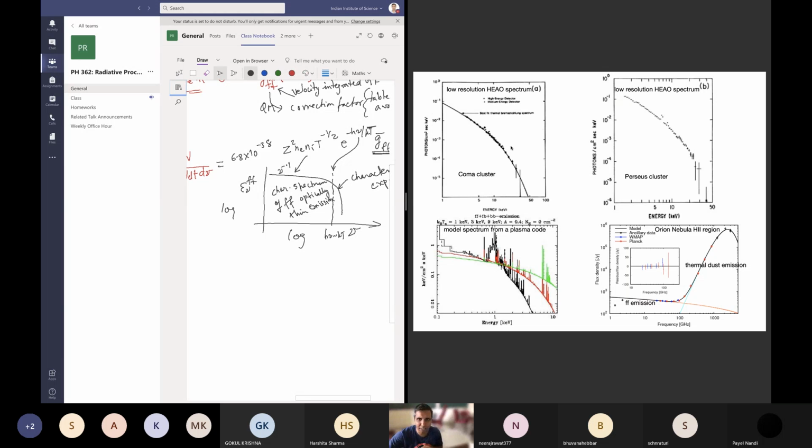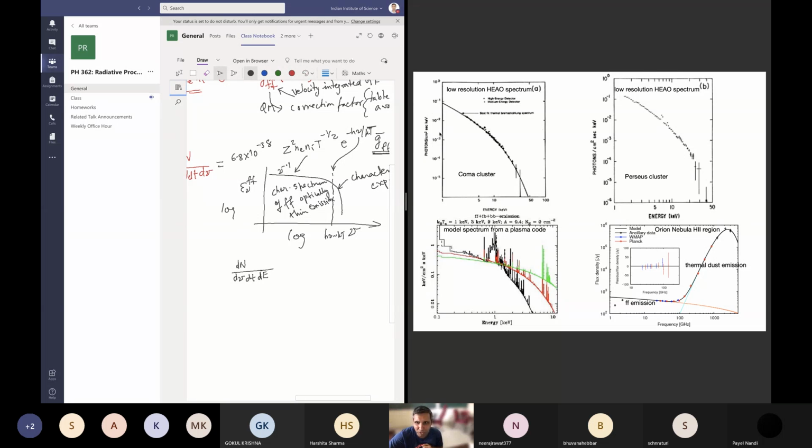What is plotted here on the right is the number of photons per unit time per unit energy, where E is equal to h nu. That's trivial. When you're looking at high energy photons, generally people use energy instead of frequency. So this is actually flux.